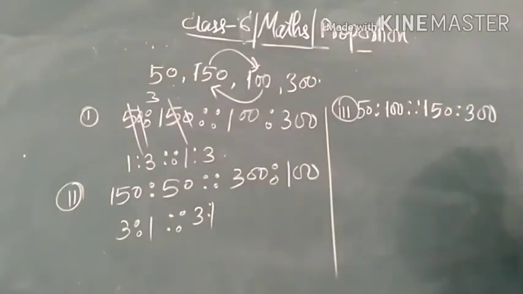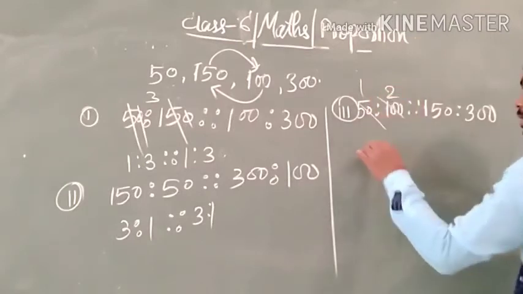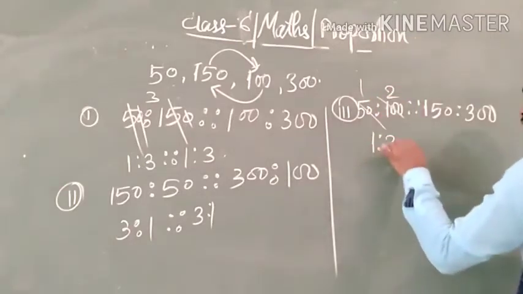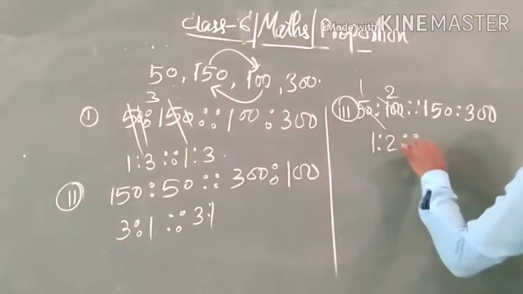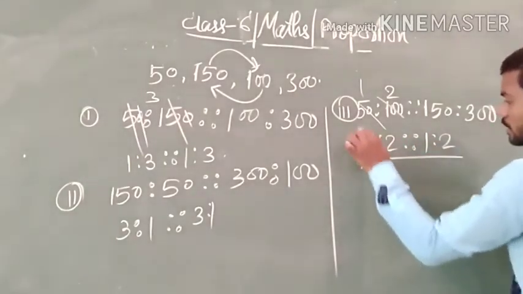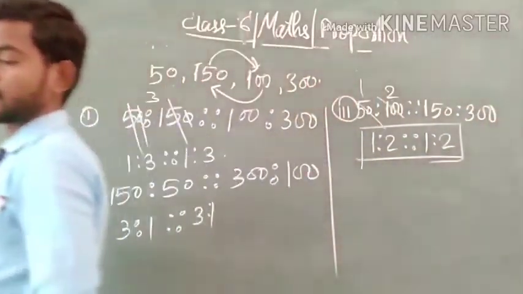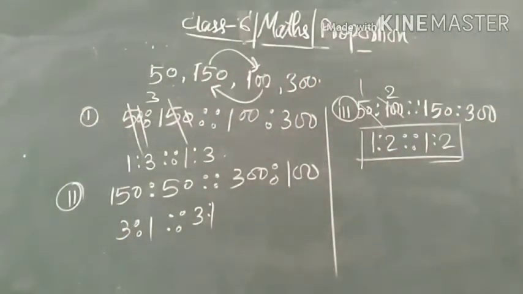And here we can say that 50 once is 50 and 50 twos is 100, which gives 1 ratio 2, which is proportional to 1 ratio 2, and hence the third case shows that the given numbers are in proportion.